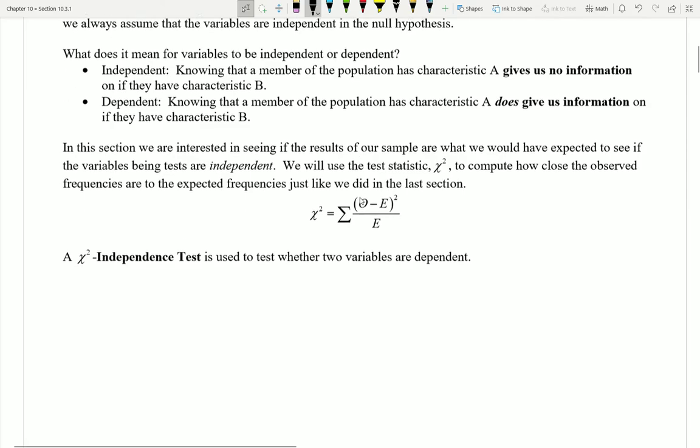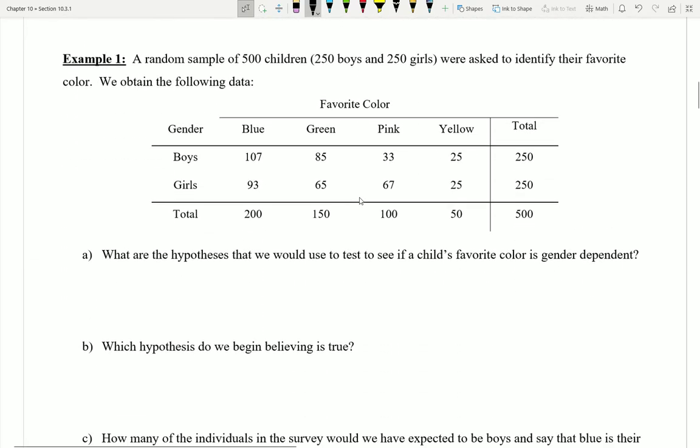Okay, so we're going to take a look at a first example to get some context and understand how this would work. Take a look at example number 1. A random sample of 500 children, 250 boys and 250 girls, were asked to identify their favorite color. Suppose we obtain the following data. I've organized this in a table, and each of these numbers represents either a total number of people in a category or some overlap.